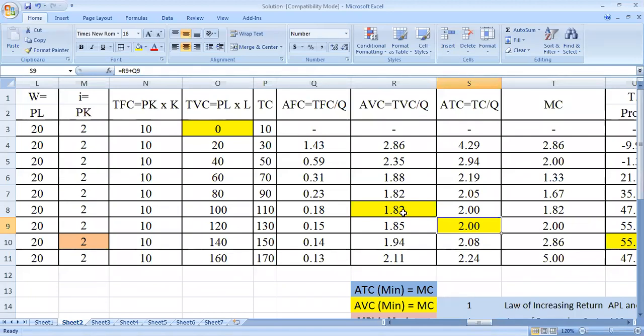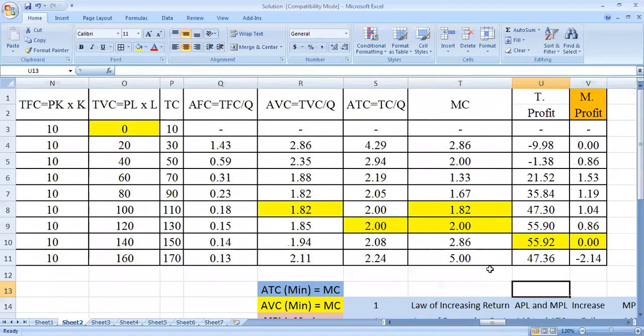So at 1.82, you could see that it is equal to marginal cost. I've just highlighted it within this cell. When average variable cost is minimum, it is always equal to marginal cost. Look at the column of average total cost. When average total cost has reached its minimum, it is again equal to marginal cost, right? So 2 equals 2. The point where average total cost is minimum, it is again equal to marginal cost.